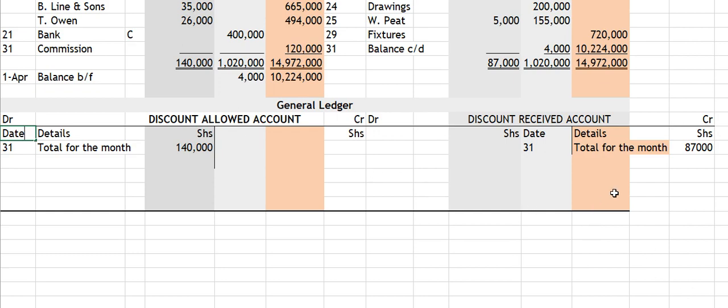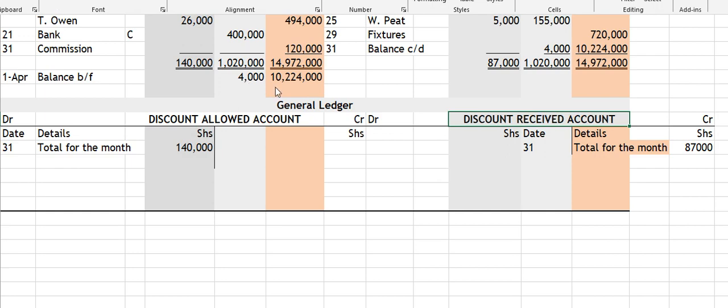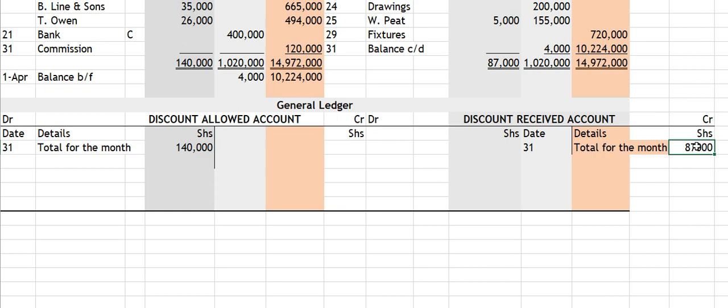Yeah, so those are the accounts, the discounts allowed and then the discount received. Discount allowed, we debit it with the total discount allowed during the period. Then discount received is credited with the total discounts received during the period.